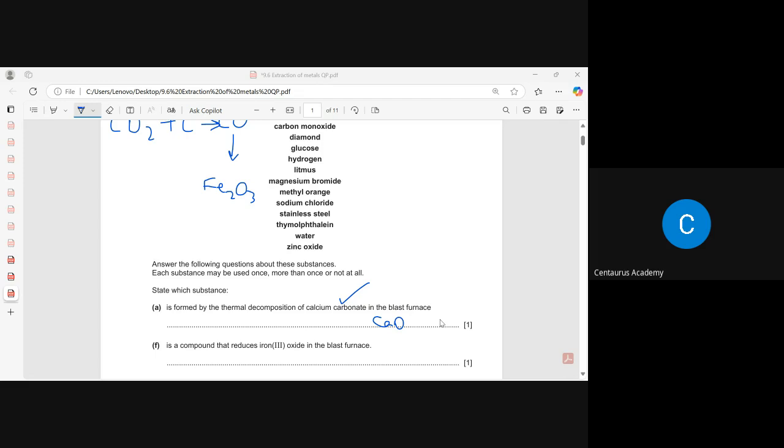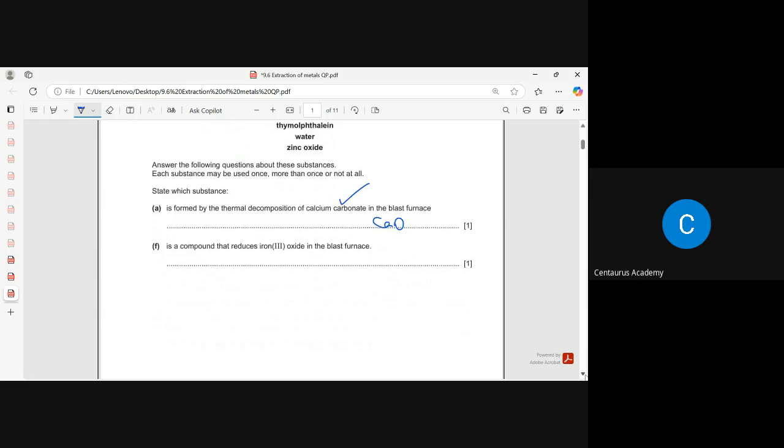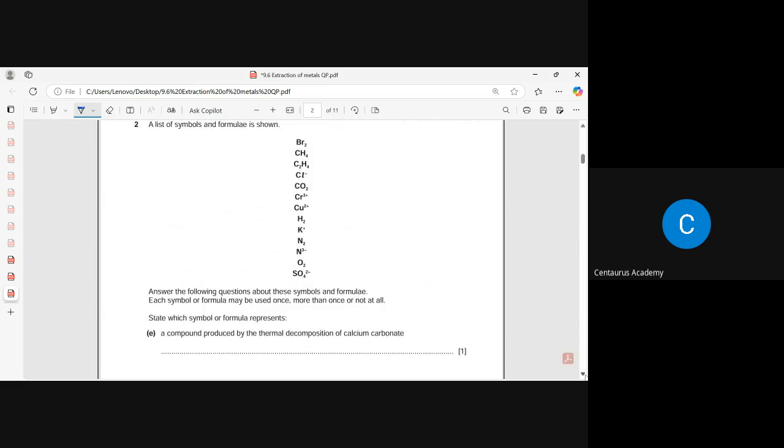Calcium oxide which is produced because of thermal decomposition of calcium carbonate has its purpose. It has a certain aim. What is the objective? It is going to react with silicon dioxide to form calcium silicate. Very good. So calcium oxide basically is going to remove the impurities which are present within the iron ore. And this is how it removes the impurities.